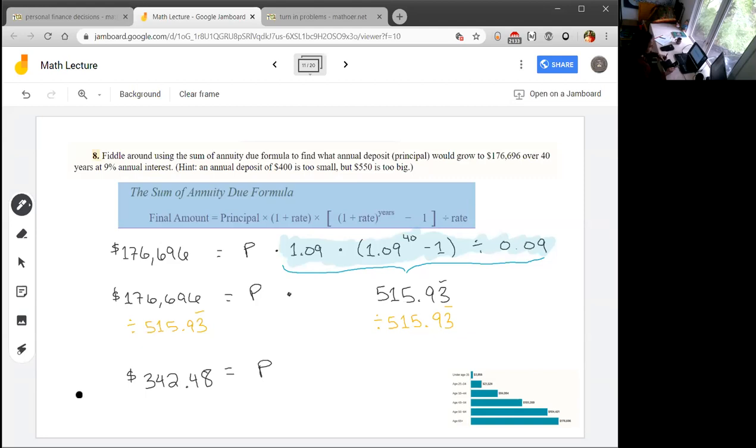That's not what I had expected. I thought it was more than 400. Did I do something wrong? Let's see. Yes, I did. I think my 515 is wrong.